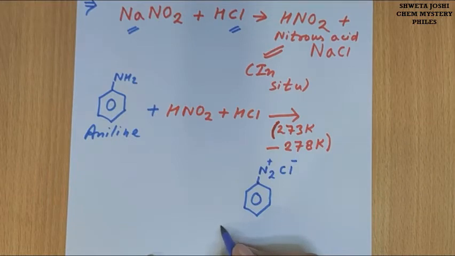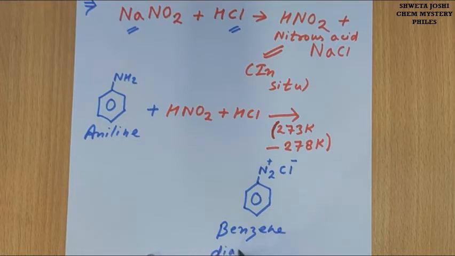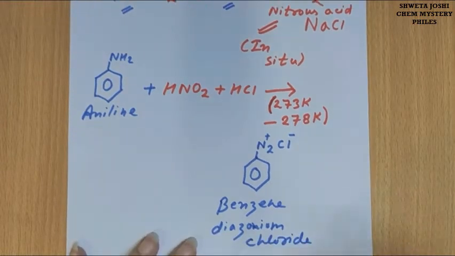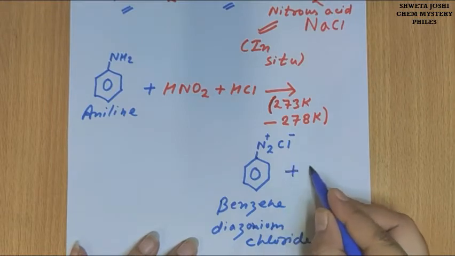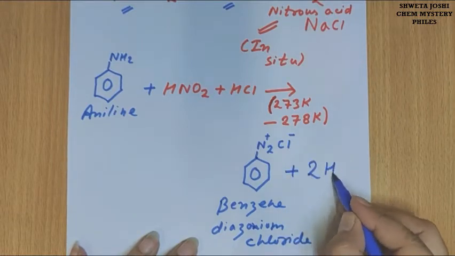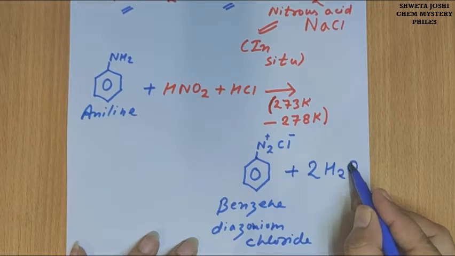This is your benzene diazonium chloride, and along with that 2 moles of water will be removed out.